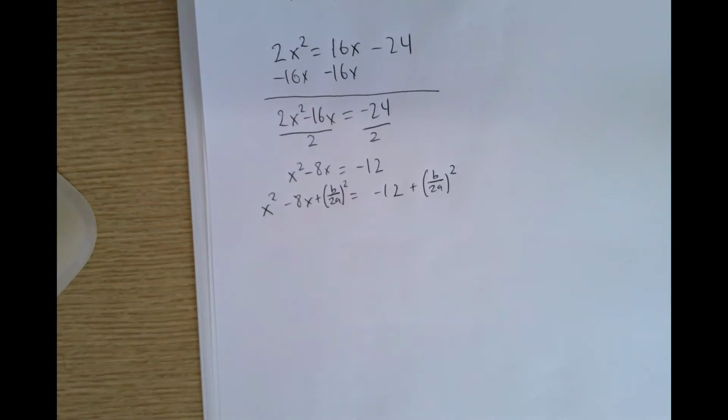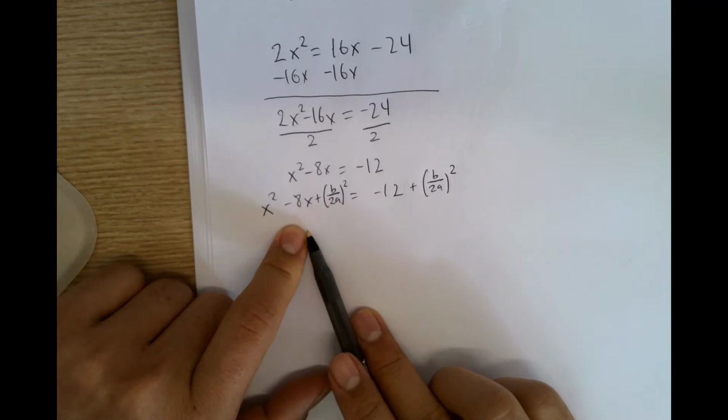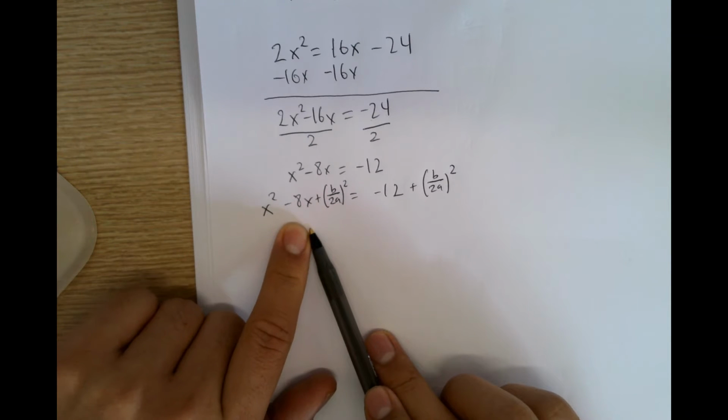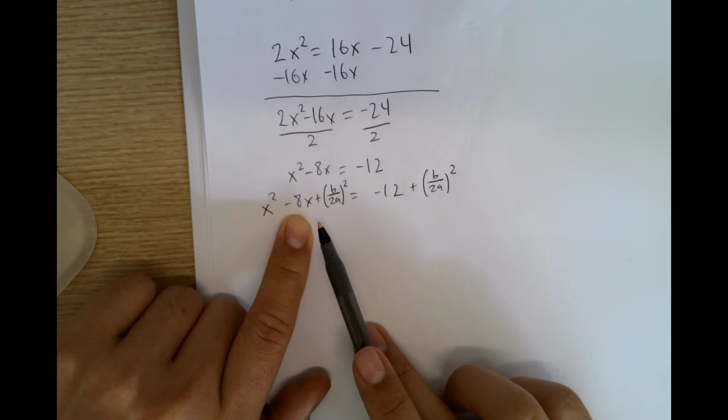If you can't remember that, what you're adding to both sides is the number in front of x divided by 2, squared. So again, what you're doing is adding the number in front of x divided by 2, squared.